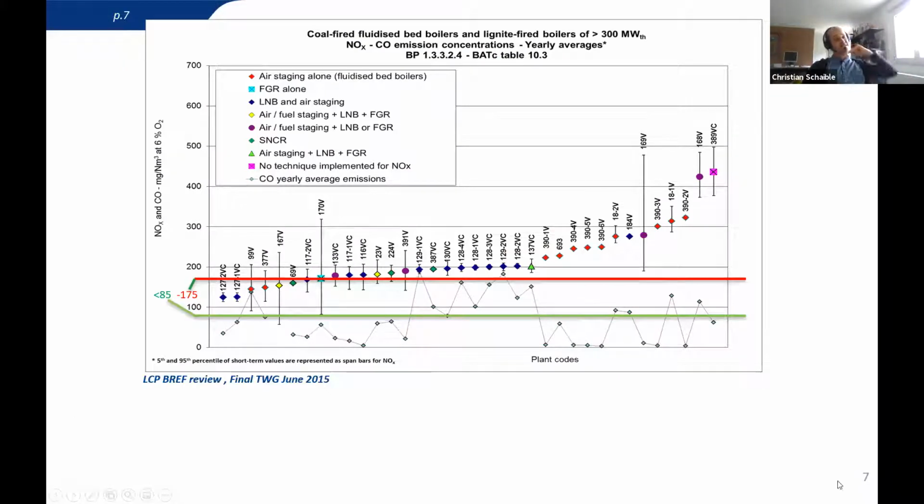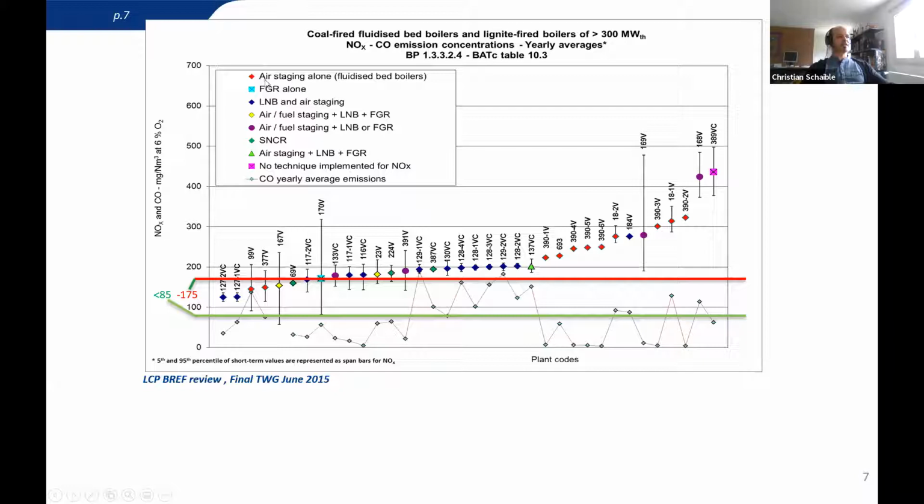How does it look? Here is one example of how a BAT conclusion looked for lignite power plants bigger than 300 megawatt. The upper range is at 175, and the lower is 85, here. Here you have a lot of data points which explain, you can see the numbers in the LCP BREF, from 2015, how these ranges have been set.